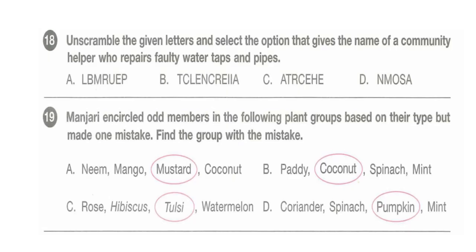So first we have to put it in a proper word and then find out the name of a community helper who helps repairing faulty water taps and pipes. Answer is option A, plumber.